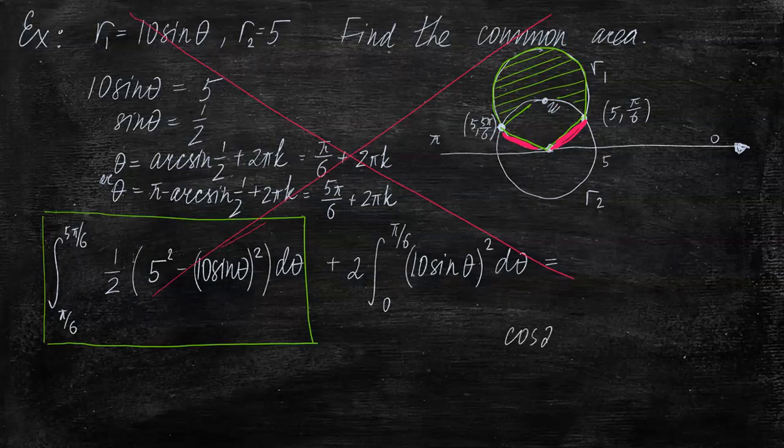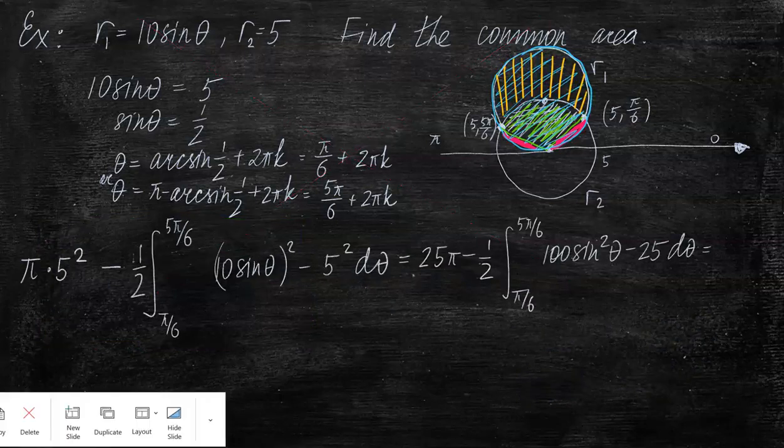We have cosine 2 theta equal to cosine squared theta minus sine squared theta. If we replace cosine squared with 1 minus sine squared theta, now we have 2 sine squared theta, and sine squared theta can be expressed as 1 minus cosine of 2 theta over 2.